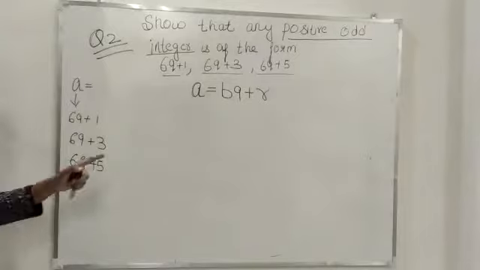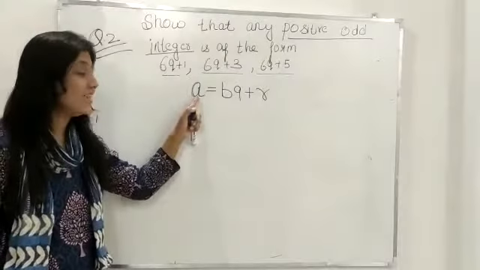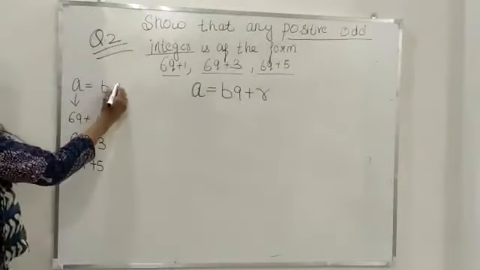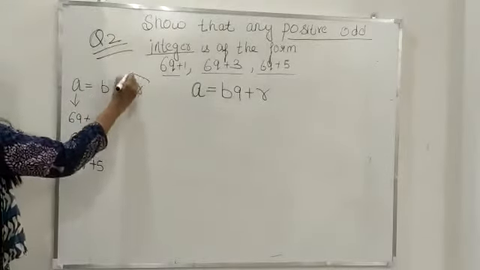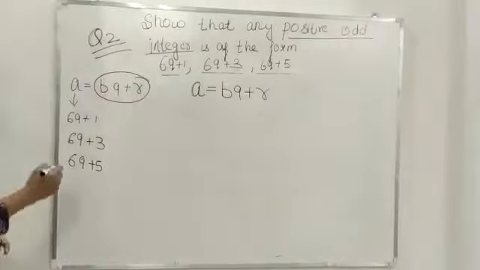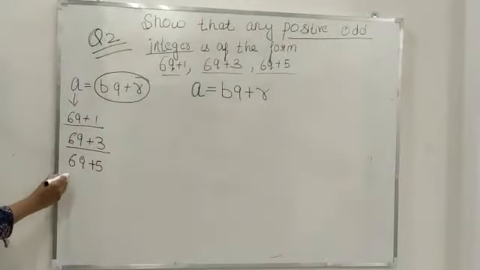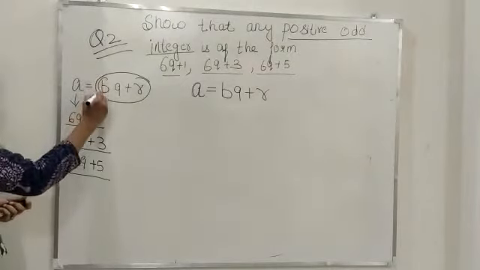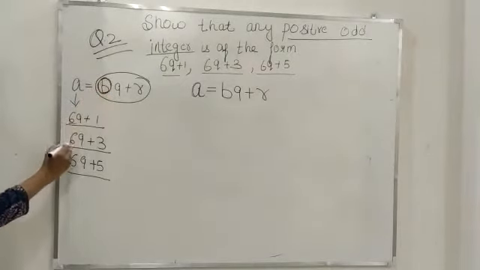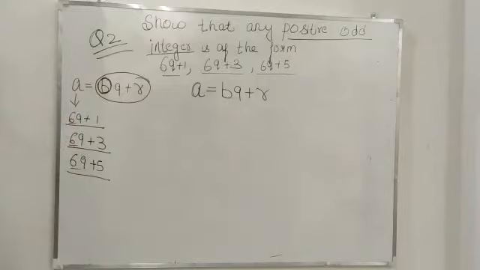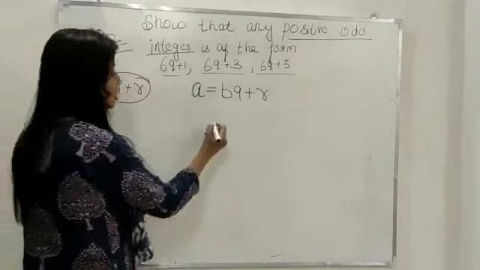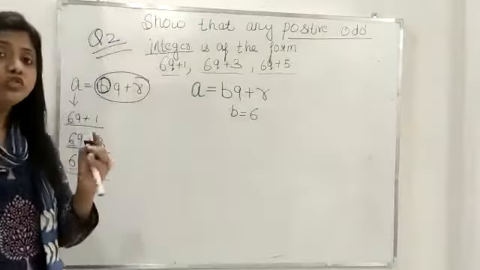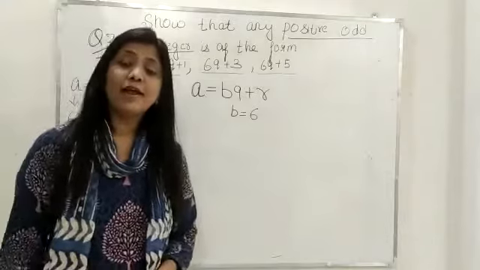What is my Euclid's division algorithm? It is A is equal to BQ plus R. So when you compare BQ plus R with this or this or this, you will see that your B is 6. So in this question, your B will be equal to 6. We also know the range of our remainder.